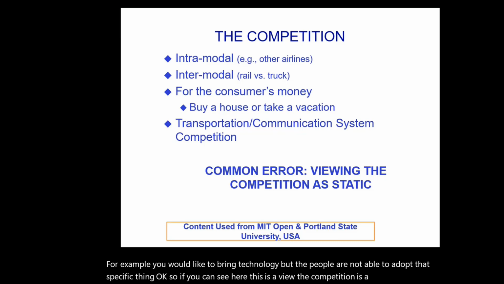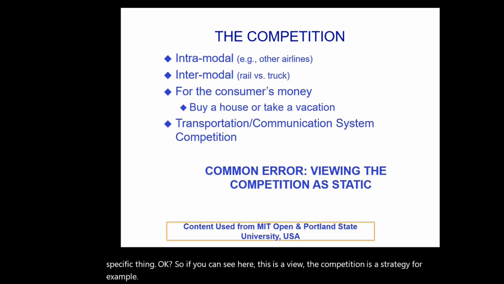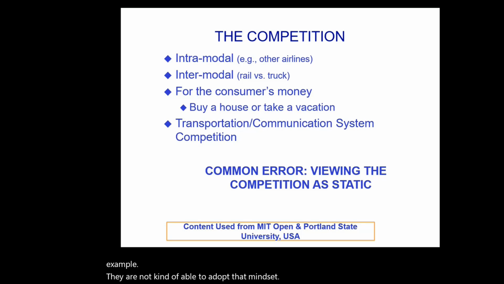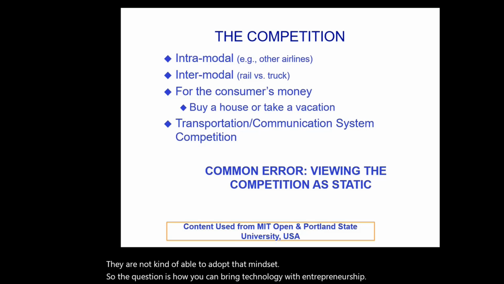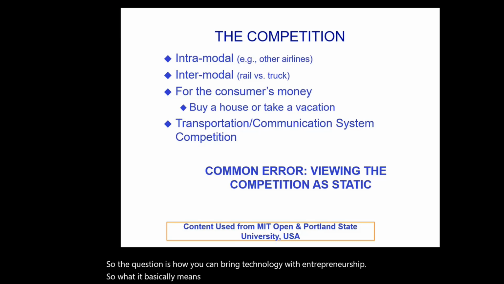For example, you want to build a facility somewhere, but the people there are not able to adopt that mindset. So the question is how you can bring technology with entrepreneurship. What basically is the meaning of entrepreneurship? To show those people how they can start their own work, their own business. That's it.